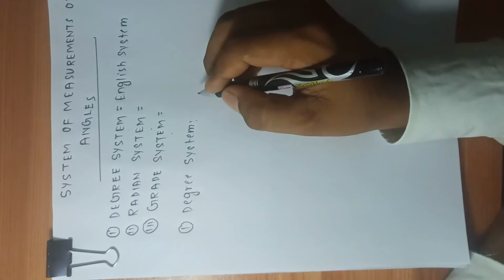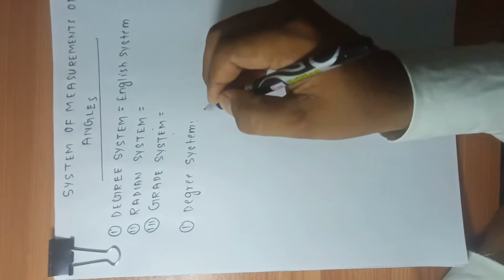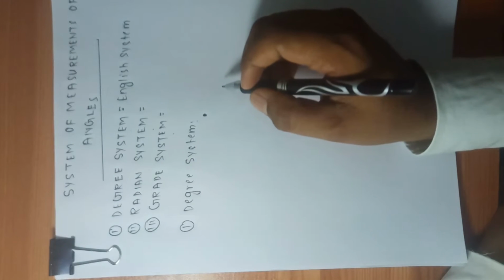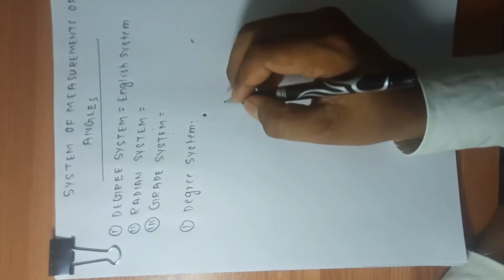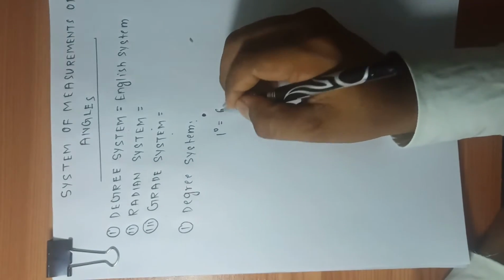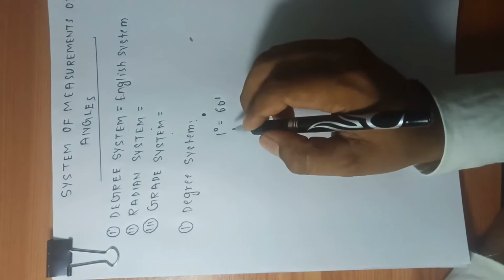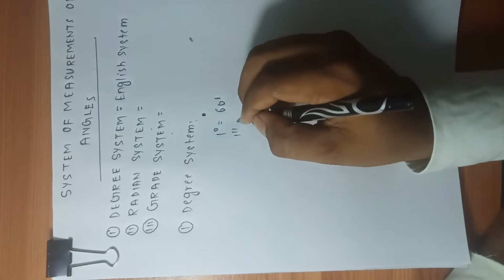We denote it by this symbol, and 1 degree is also divided into 60 equal parts. Each part is known as a minute, which means 1 degree equals 60 minutes. This is the symbol of minute. And 1 minute is also divided into 60 equal parts.